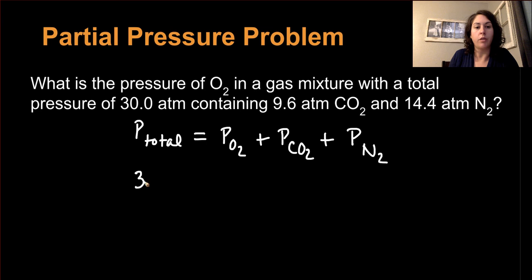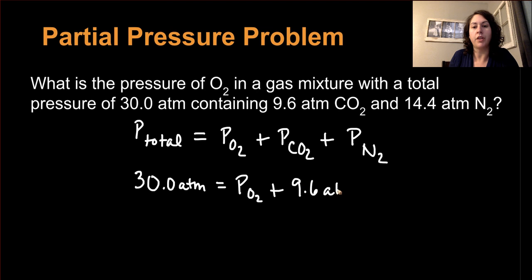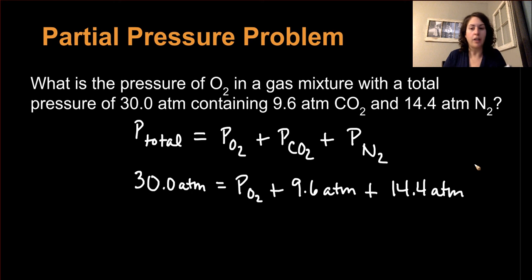I can plug in my values that I know. My total pressure is 30 atmospheres. P of oxygen is what we're looking for, and I have 9.6 atmospheres for carbon dioxide and 14.4 atmospheres for N2, nitrogen gas. Then we just want to rearrange this.